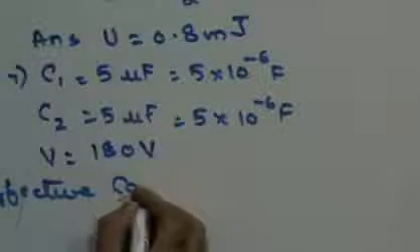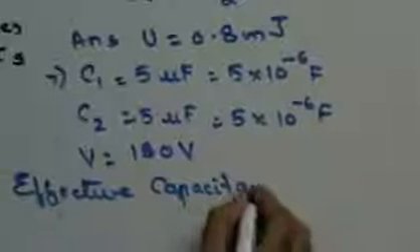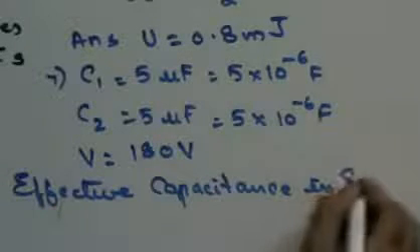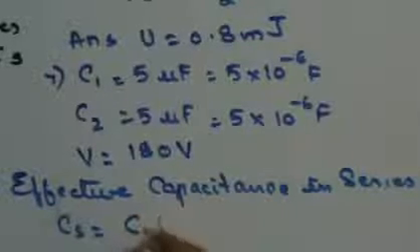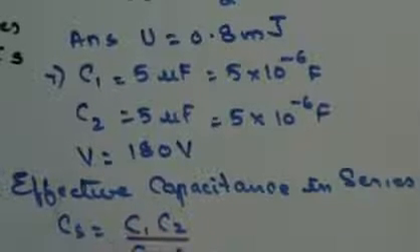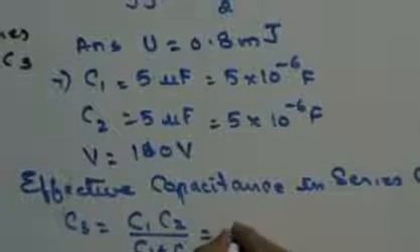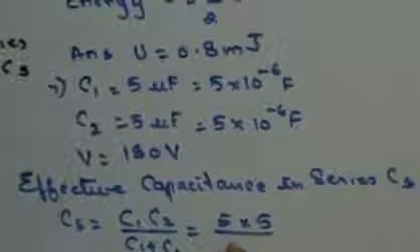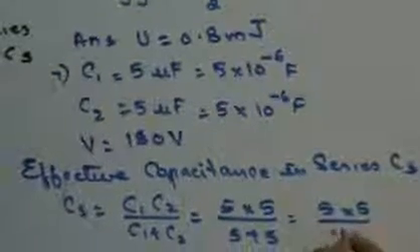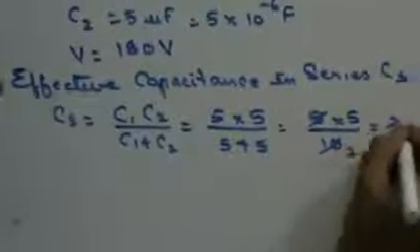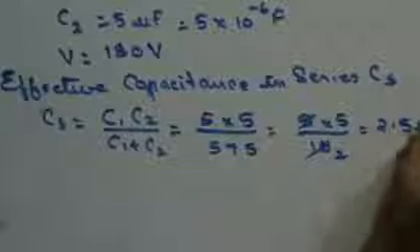Let's assume that the effective capacitance in series is Cs. So Cs will be nothing but C1 C2 upon C1 plus C2. So that is 5 into 5 upon 5 plus 5, that's 5 into 5 upon 10, which is 2.5 microfarad.